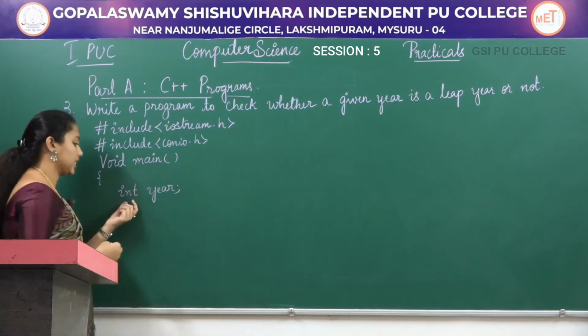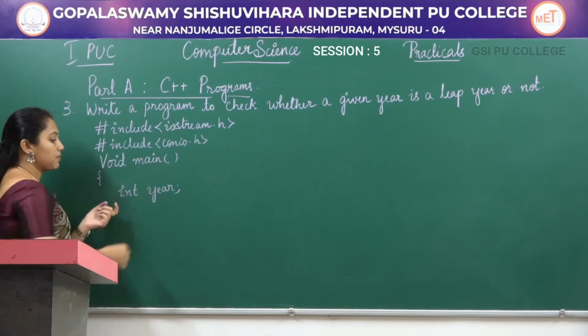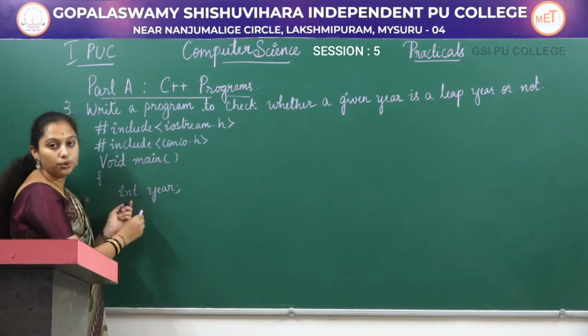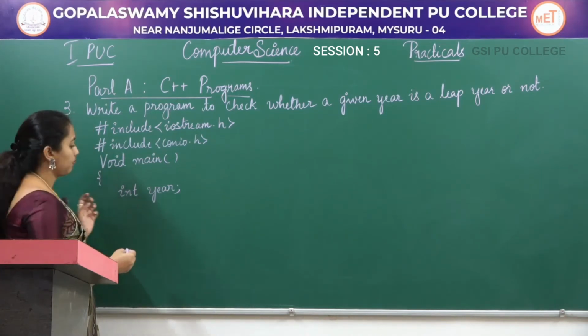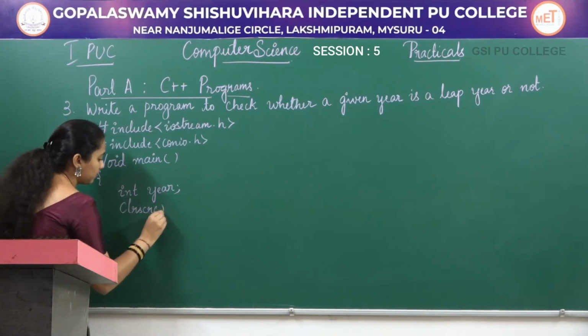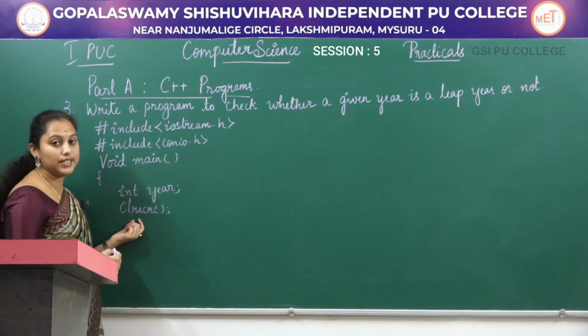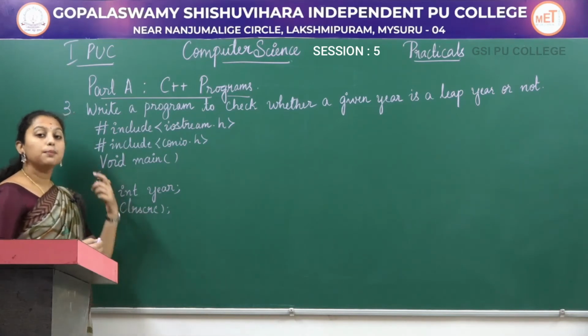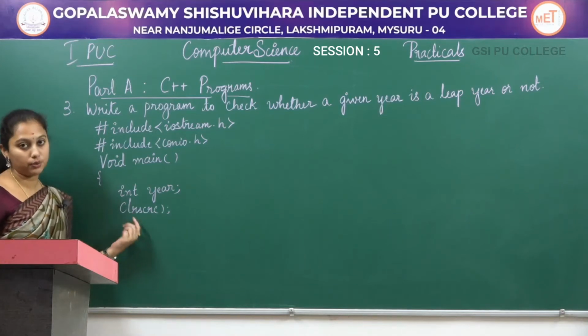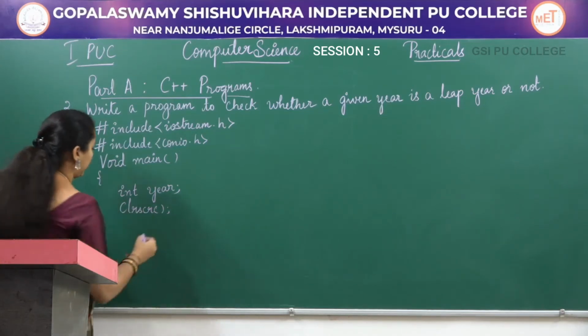I have declared it as int because year comes in numbers, and for numbers I am going to use the int data type. Next, the clrscr function. Why do we use clear screen? To clear the previously generated output on the display screen, we use the clrscr function.